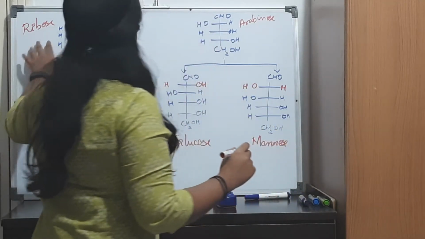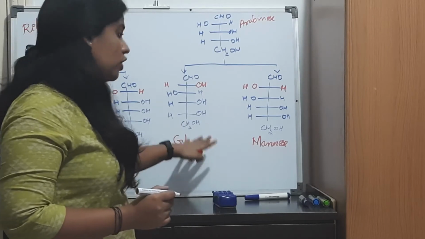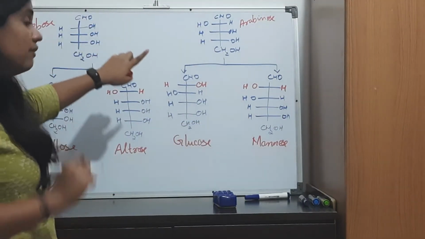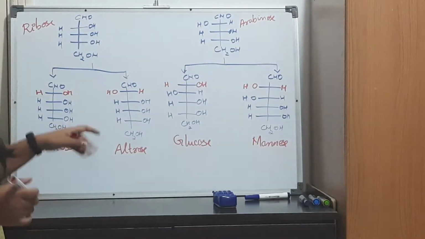Okay, from ribose we got allose, altrose, then arabinose gave glucose and mannose. Then similarly we had two more on the other side, and those also we will split into aldohexoses.